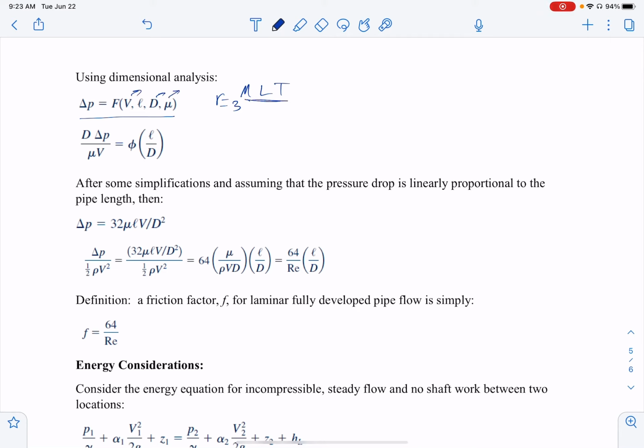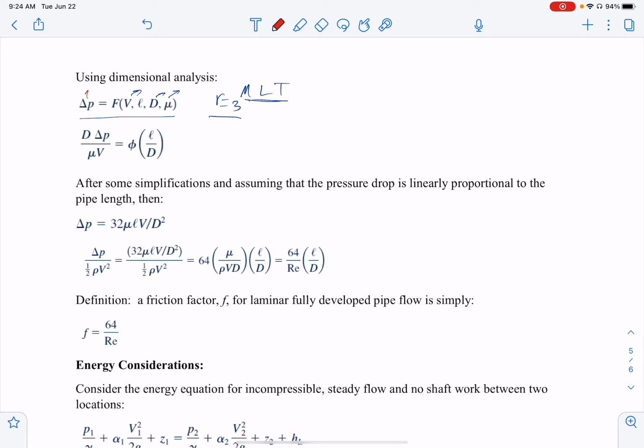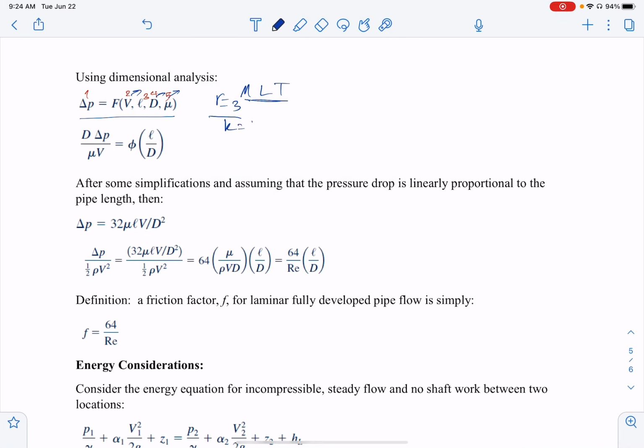So we have all of them. So it's MLT, so r is 3, and then the number of variables that we have is 1, 2, 3, 4, 5. So then k is 5. Then the number of pi terms that we can find is k minus r, which is 2 right here.